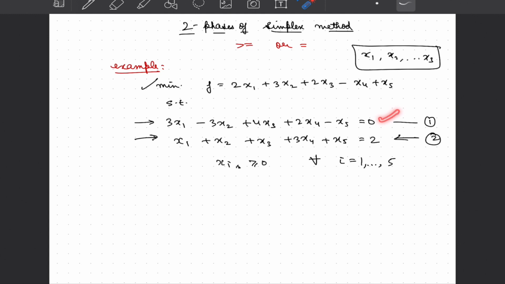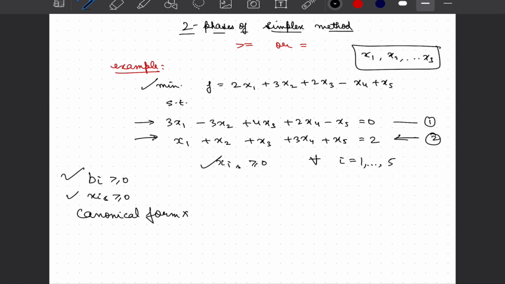One is equal to 0 and another case b is equal to 2. As we discussed in simplex method, all our bi's have to be greater than equal to 0, so this condition is satisfied. We have to make sure all our xi's are greater than equal to 0, which is also specified in constraints, and our problem has to be in canonical form.